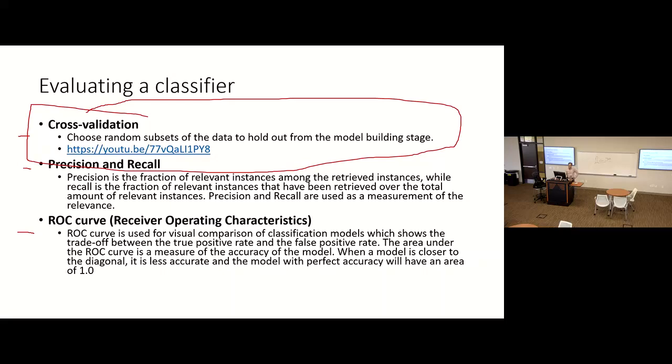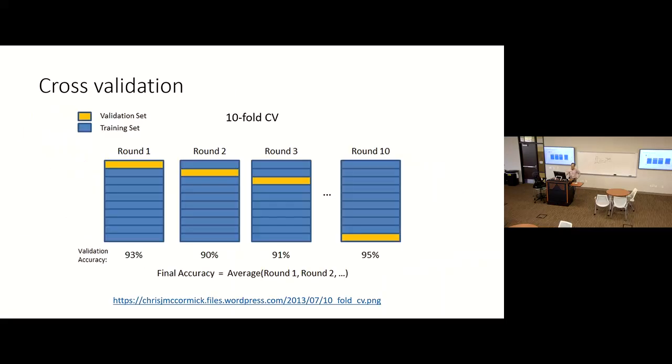Cross-validation, to give you an example, is to separate your training data, for example if you want to do tenfold CV. CV stands for cross-validation. In that case, you do 10 rounds of tests of your classifiers.